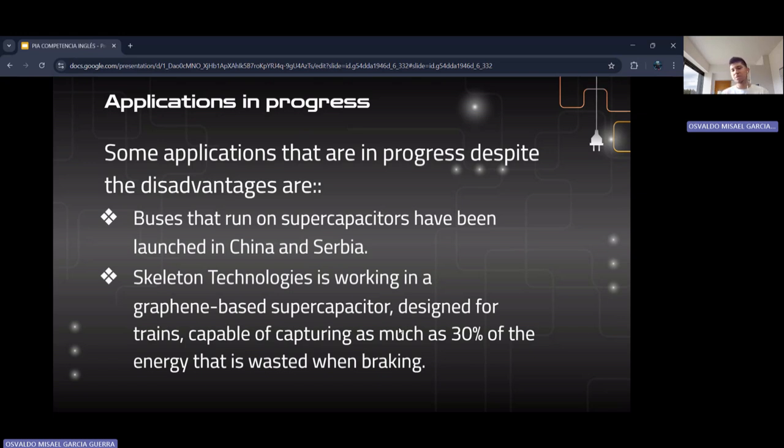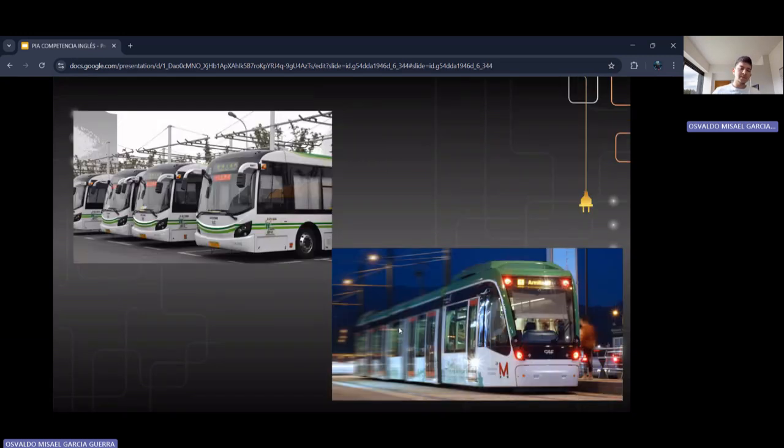It was introduced, I think, in 2024, but it is still in progress because they have to improve this use. Here we have the buses that were introduced in Shanghai and in the Granada station in Spain. This is a train that I think will be a really good improvement in transportation in that country.